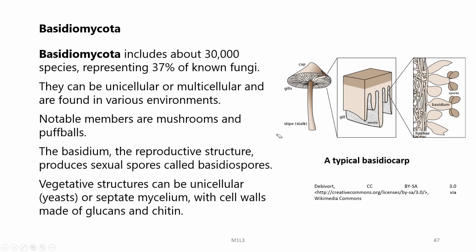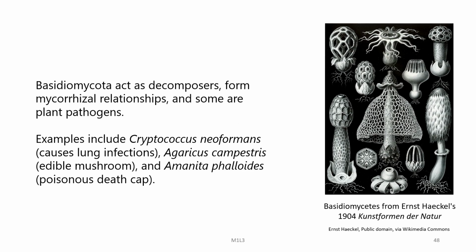Vegetative structures can be unicellular or septate mycelium with cell walls made of glucans and chitin. Basidiomycota act as decomposers, form mycorrhizal relationships, and some are plant pathogens as well.